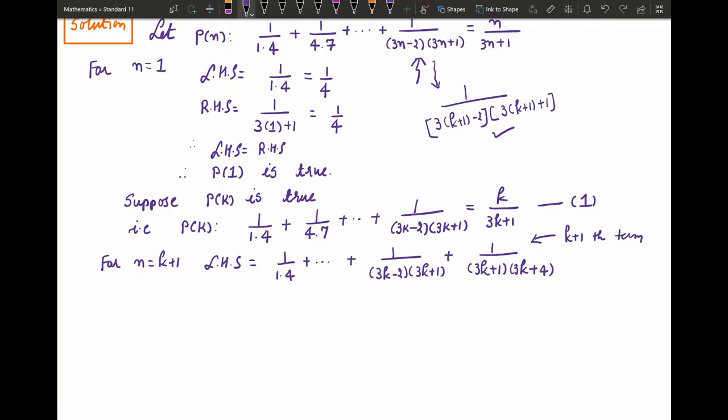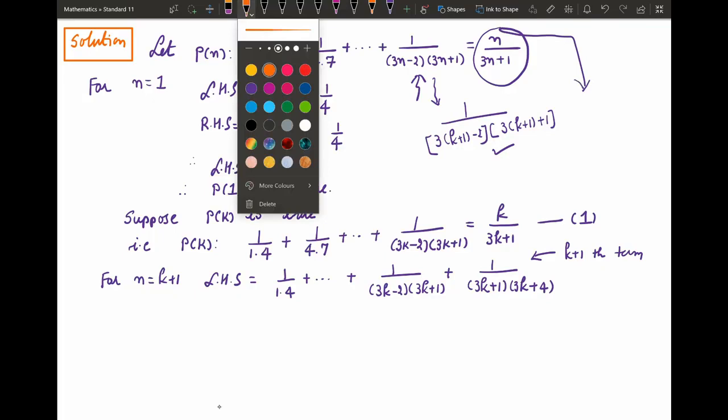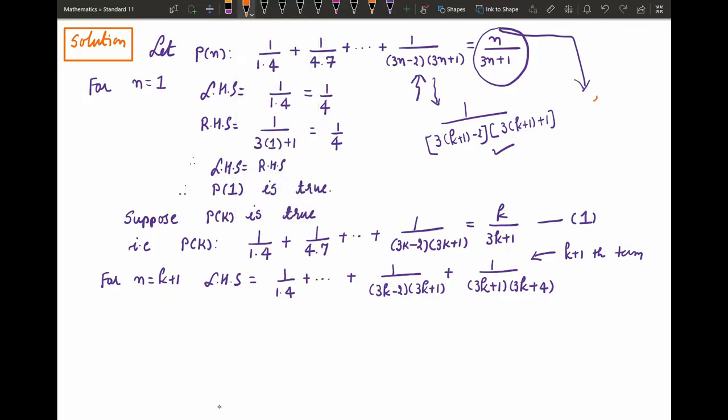Now to claim equal to right hand side, the simplification of LHS must be the right hand side with n equal to k plus 1.